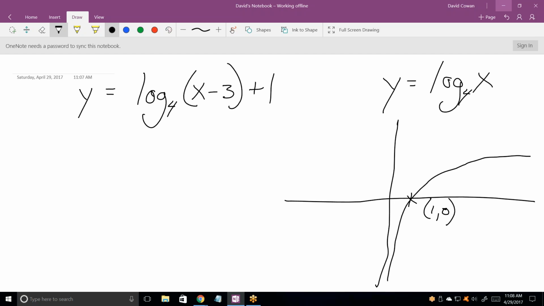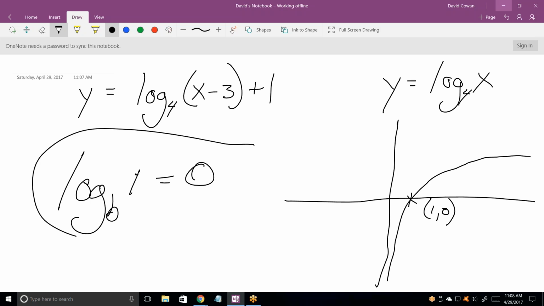Notice that when I make x 1, the log of 1 is always 0, no matter what the base. That's another good thing to remember. The log base b of 1 is always 0. Why? Because b to the 0th power is always 1. Any number to the 0th power is 1.